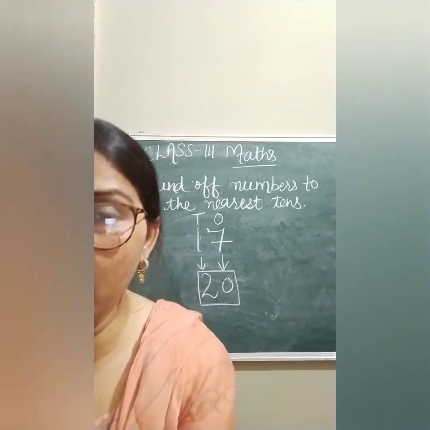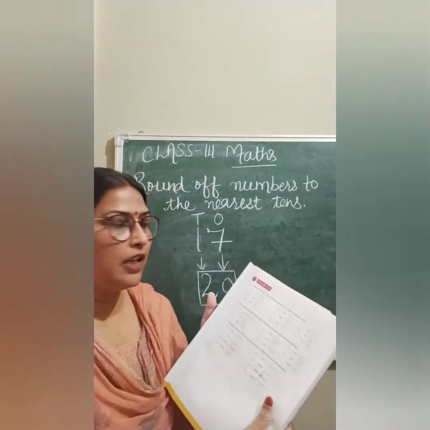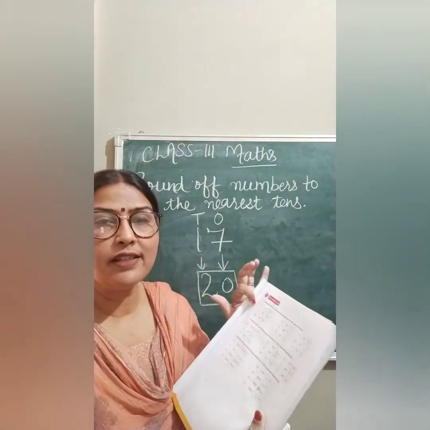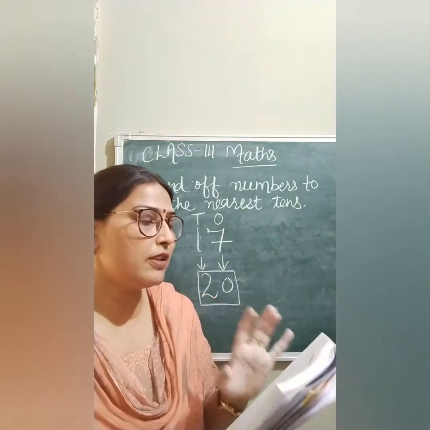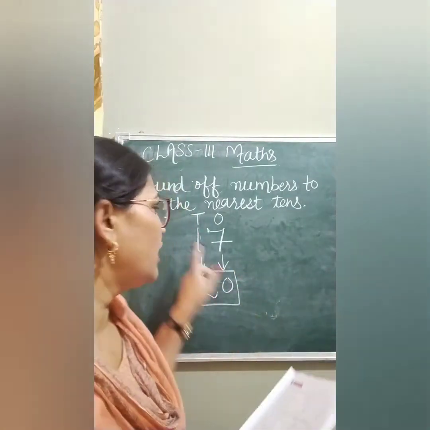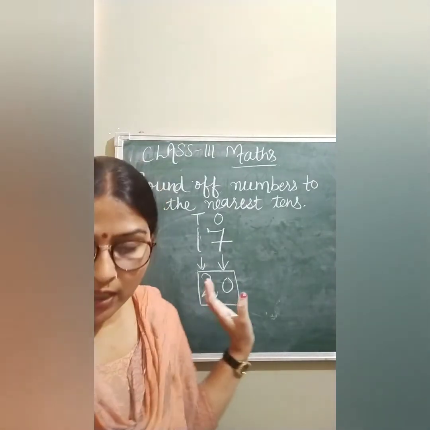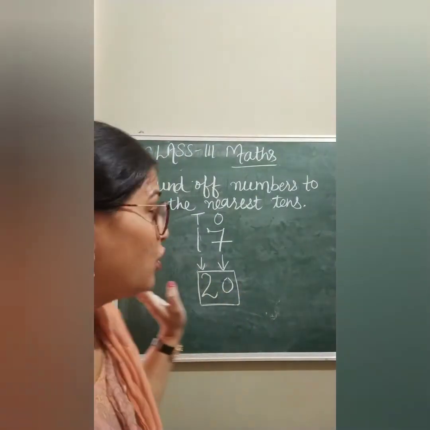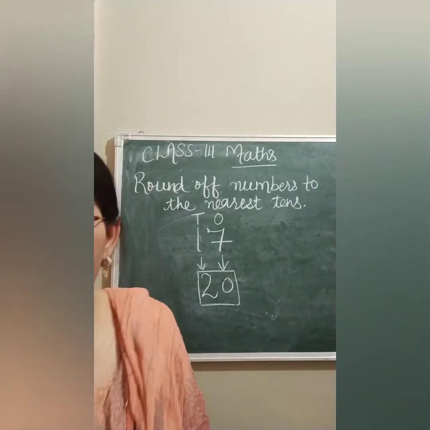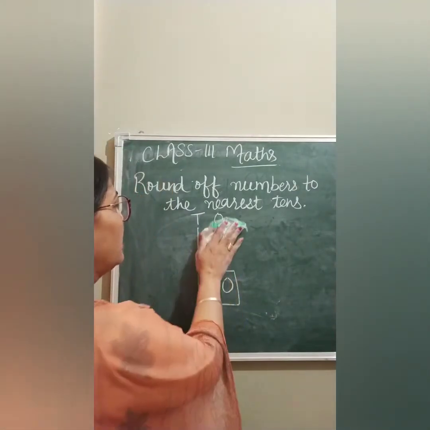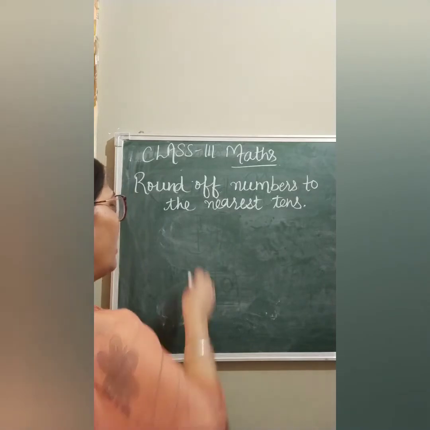Yes. So beta, in your book in exercise 1.6, the first sum is related to this. A part is 17. Here I have already done it. Its answer is 20. Yes. After that I am going to tell you D part. What is the statement in D part?